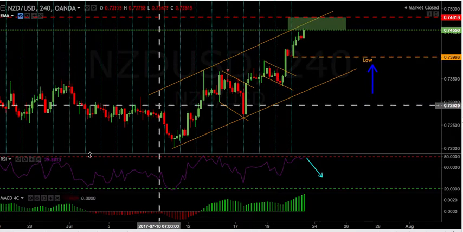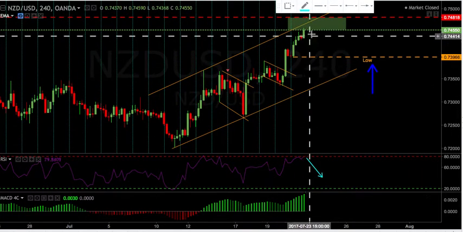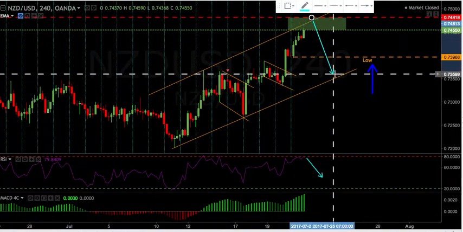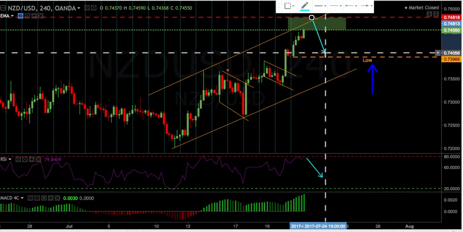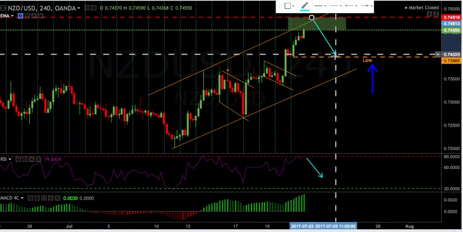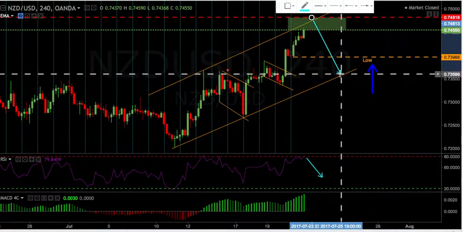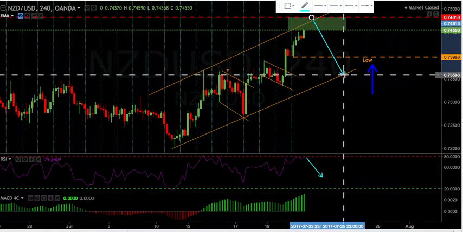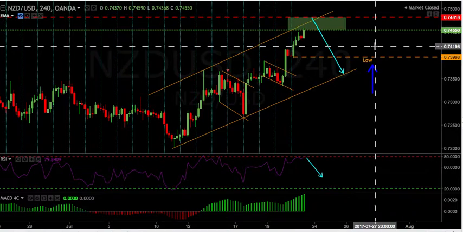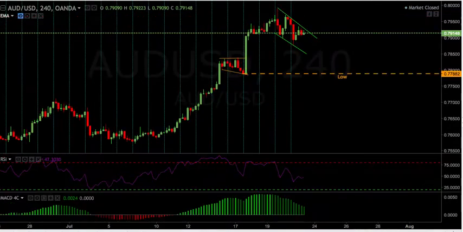Somewhere in this area, I'm expecting a bearish bounce, and at minimum, a retest of this low and possibly a break of the pattern. So that's what we have on New Zealand USD.